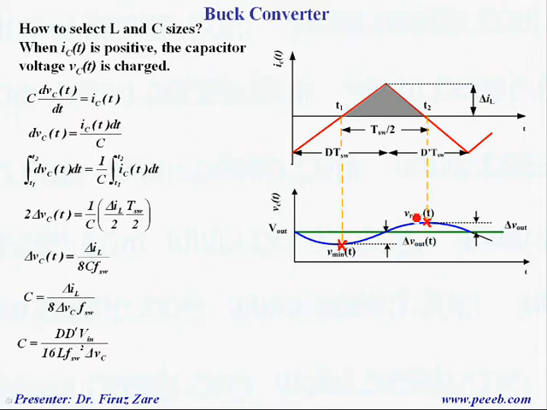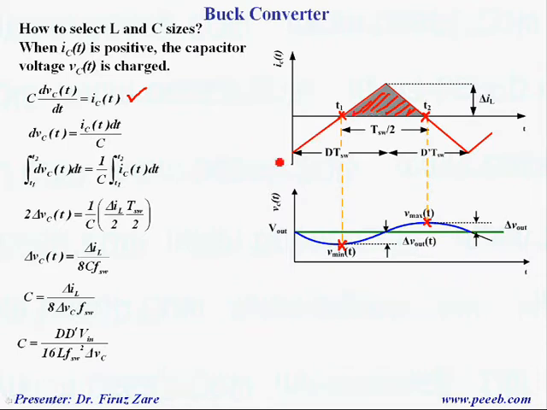That means V max minus V min equals 2 delta V, and according to the current through a capacitor we can get the integral over one cycle, and the cycle is defined from T1 to T2. Basically this is the average current, which means this area.